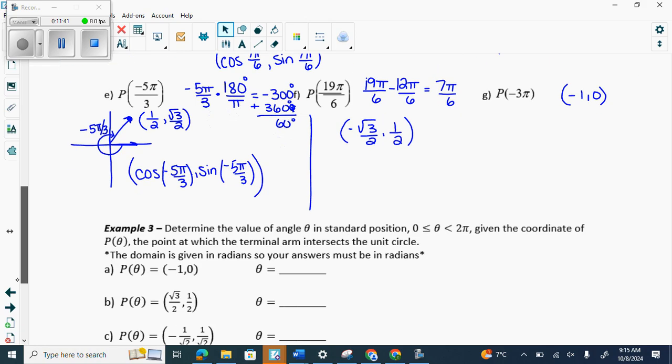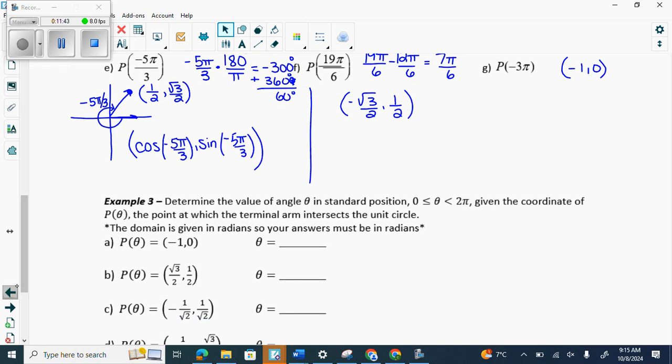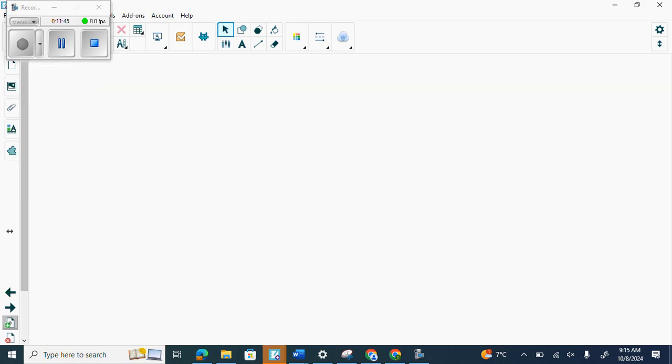Okay. Now, side note, put pencils down. In the old curriculum, we used to talk about determining the equation of a circle. You don't really care about that, but we're just going to pay attention for just a second here so you can see why the equation of the unit circle is what it is. The equation of a circle is (x minus h) squared plus (y minus k) squared equals r squared.